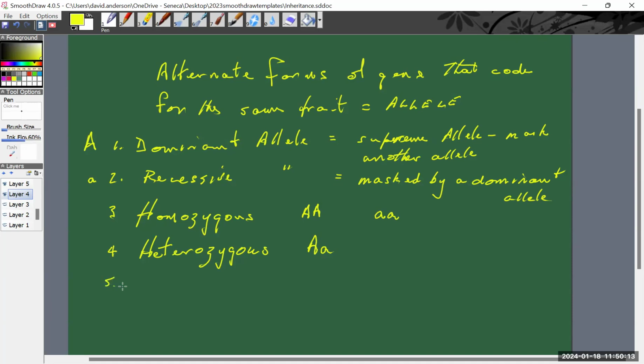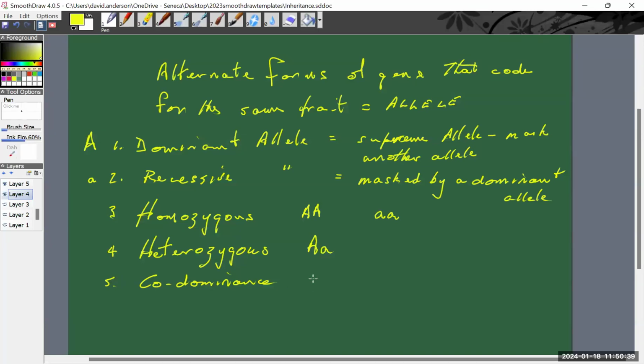Now, you can also have something that's described as being co-dominance. And in co-dominance, both alleles can be expressed. So that's kind of rare, but it's not completely unusual. And next week we're going to talk about blood and some of the characteristics of blood, and this will be an example of co-dominance.